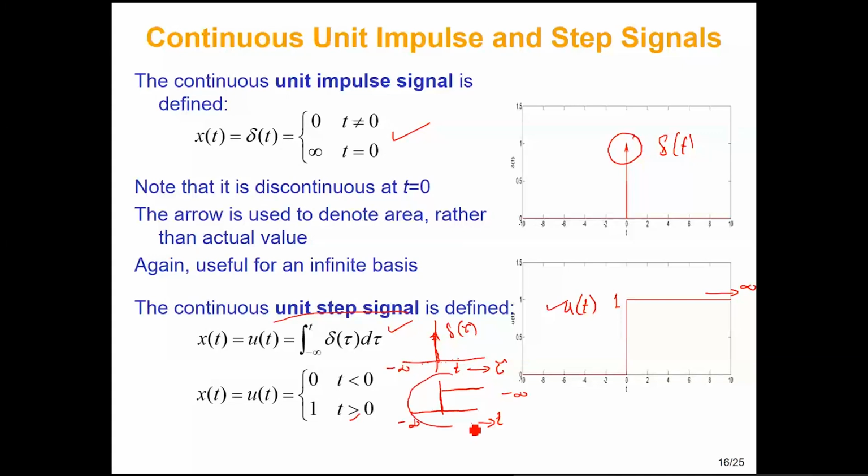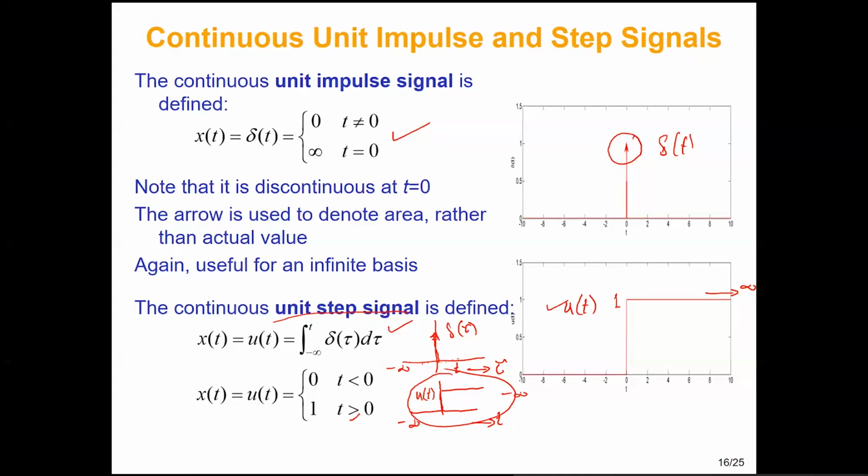So this is what this thing actually means. This is something which we call u of t. If you compute the area from minus infinity till any point t and plot it, that would be your relationship between your unit step and your unit impulse.